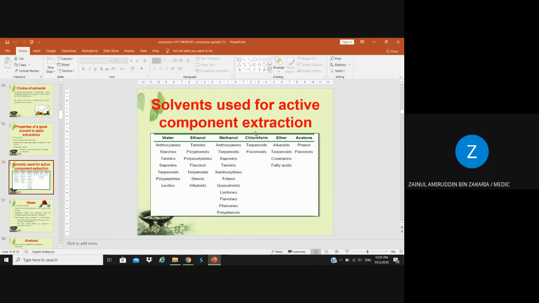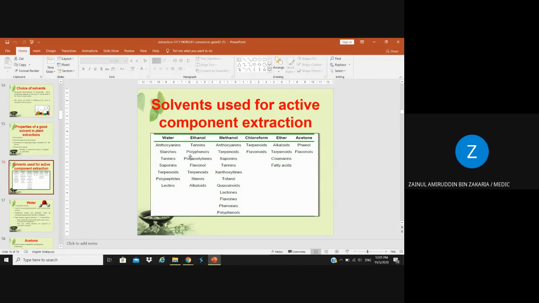What you need to do after extraction is partitioning. Partitioning means you use a solvent with polarity lower or higher than ethanol to remove other compounds present in the ethanol extract, so that you can get only polyphenols. That is called partitioning.